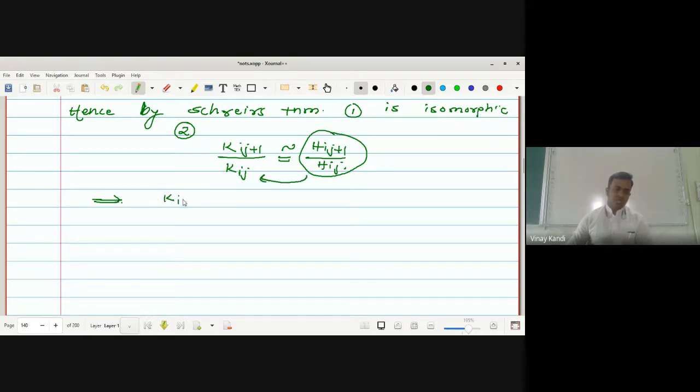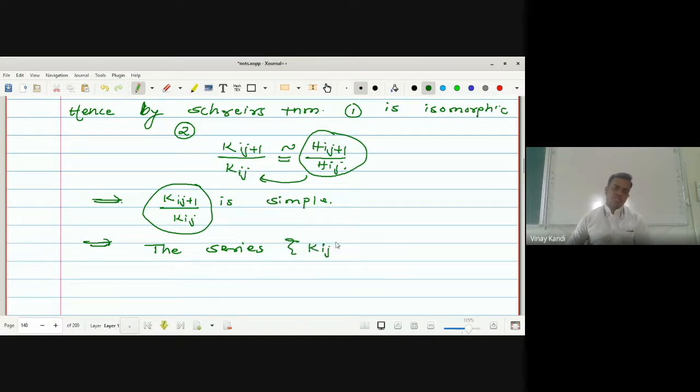So this Kij plus 1 divided by Kij is what? Simple. That means this is simple and this is a maximal normal subgroup. So the series Kij is what?